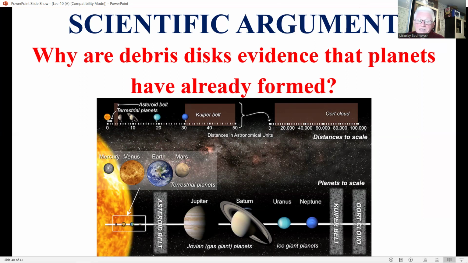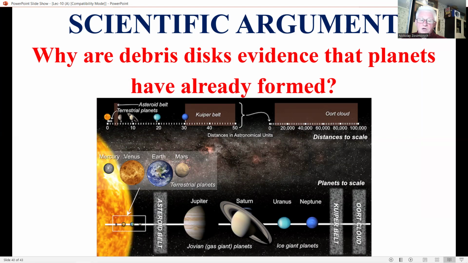Rather, the debris disks must be old, and their dust is being produced by collisions among comets, asteroids, and Kuiper belt objects. Small dust particles would be blown away or destroyed relatively quickly. So the fact that we see the dust now means this collision must be a continuing process.